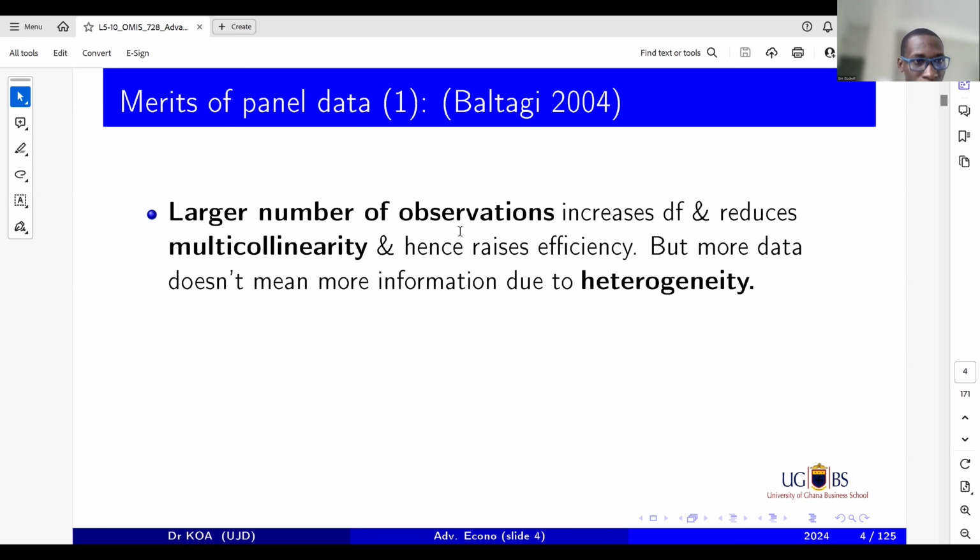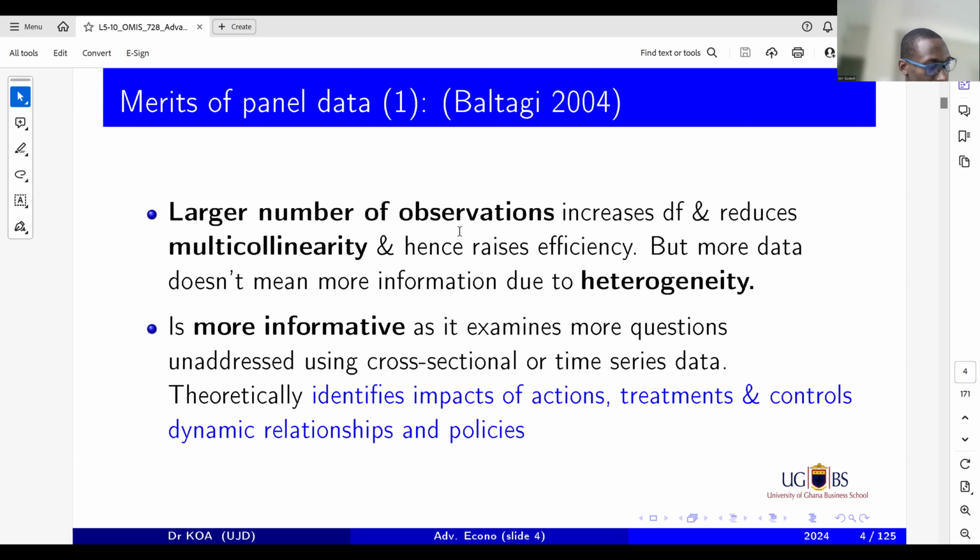All right. So I've indicated that panel data are very, very useful. One of the advantages of panel data is that you are increasing the data sample. So you are reducing the curse of dimensionality here. Remember that the curse of dimensionality is when the number of independent variables is more than, or even close to, the number of observations.